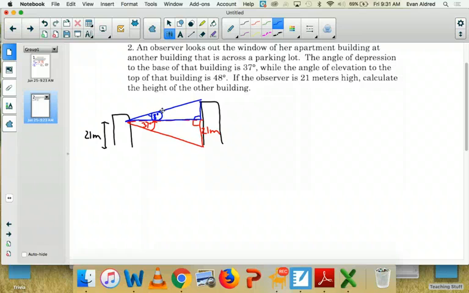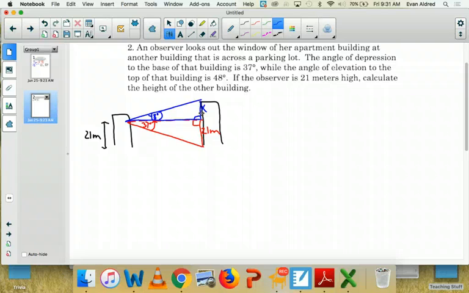We don't know anything else about it. But we set up our diagram so that it looks like this. And when we look at this, it looks like we don't have enough information. We know that part of the height of the other building is 21 meters, but there's something on top of it. There's some other value that when we add to 21 will give us the entire height of that building.